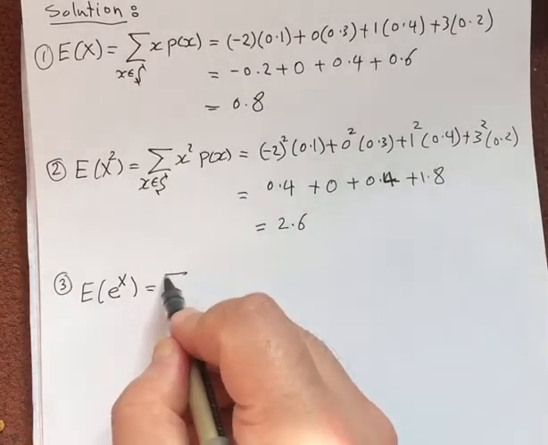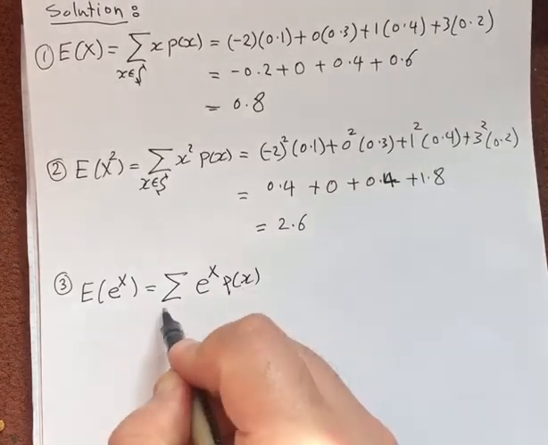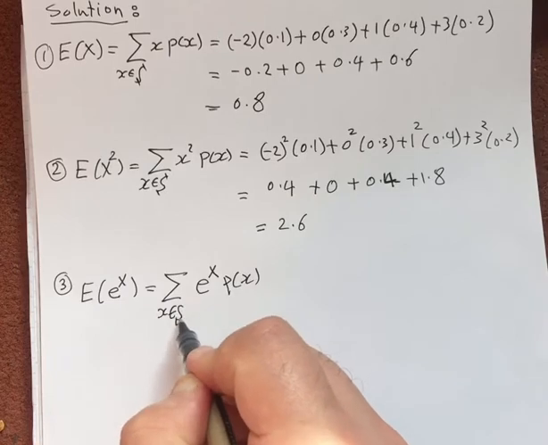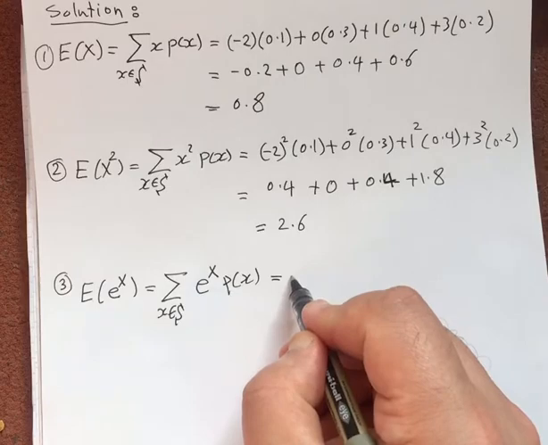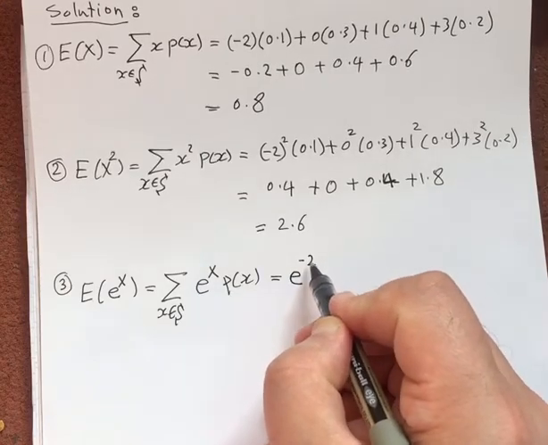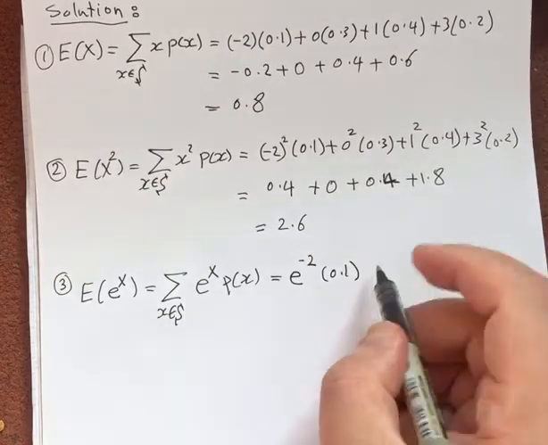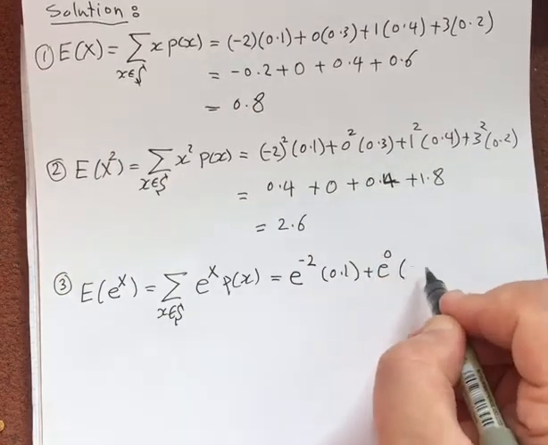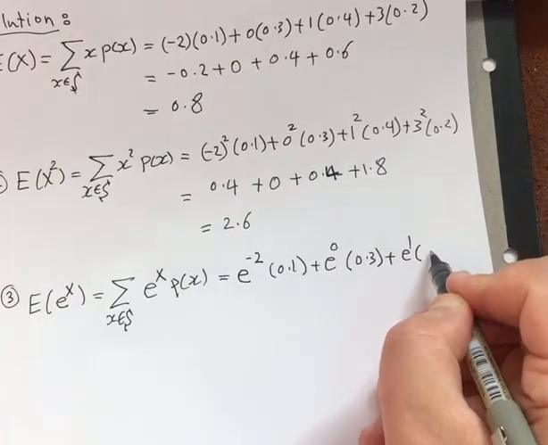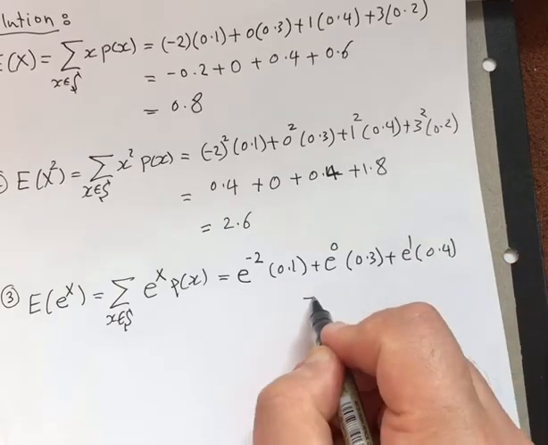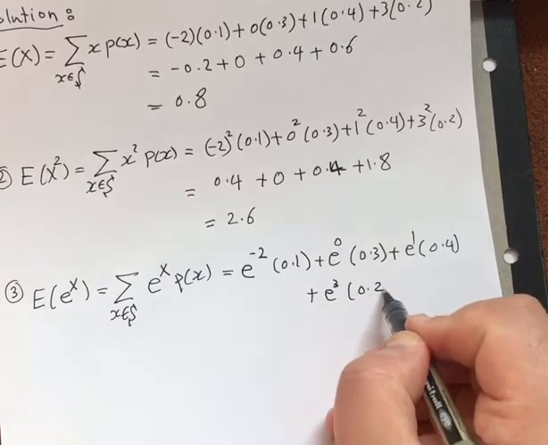Now the third one, the last one, is the expectation of e to the power X. So we have the summation of e to the power x p of x, where x belongs to the sample space. We take e to the minus 2 because x is minus 2, the first one, times 0.1, plus e to 0 times 0.3, plus e to 1 times 0.4, plus e to 3 times 0.2.